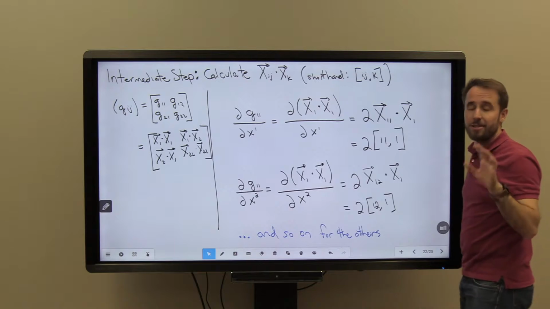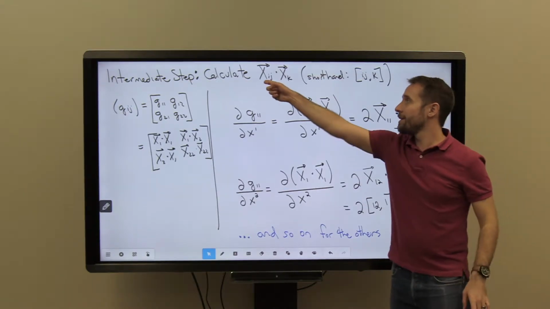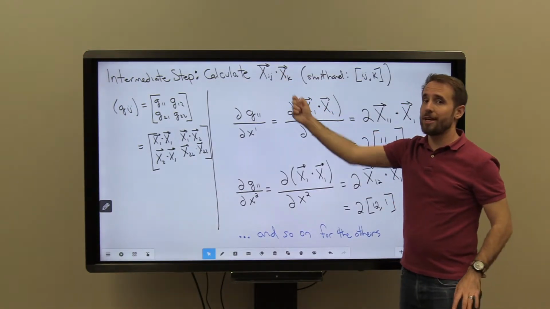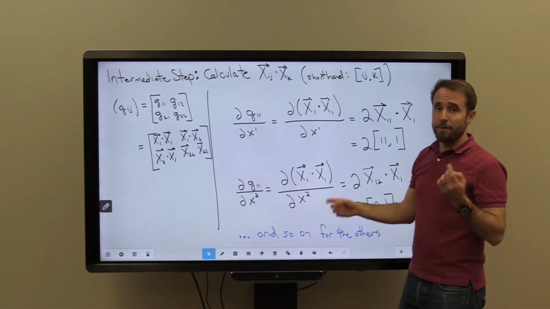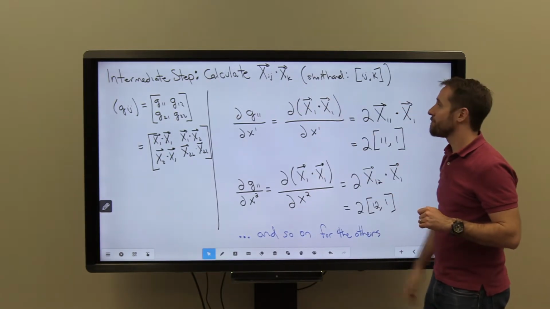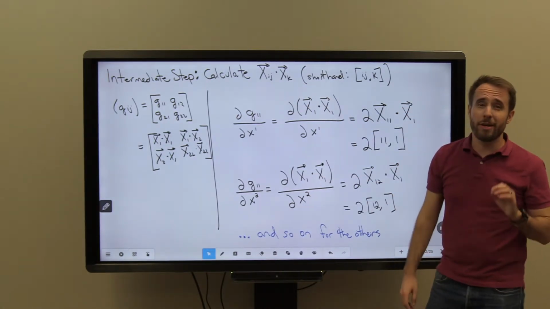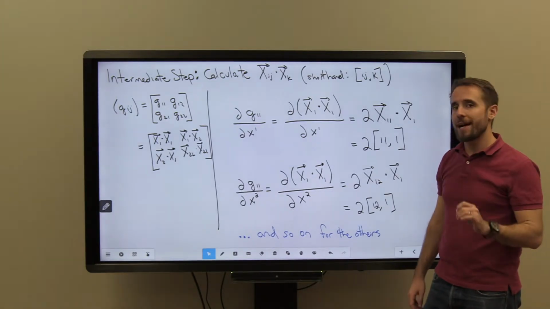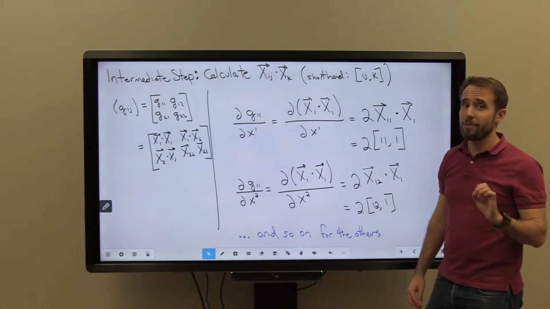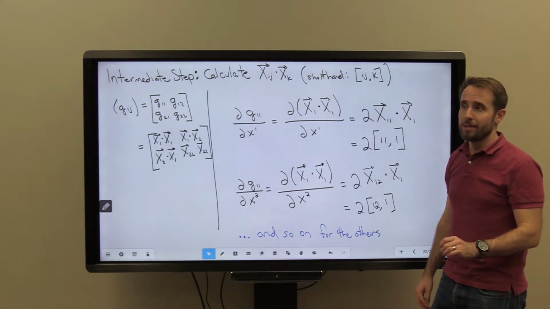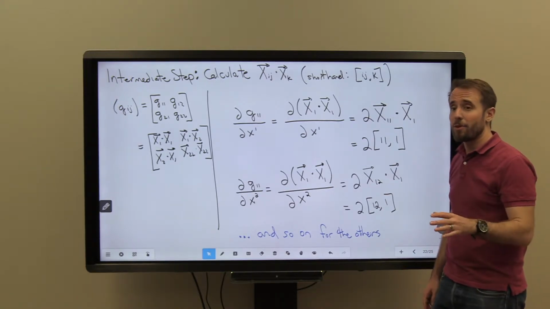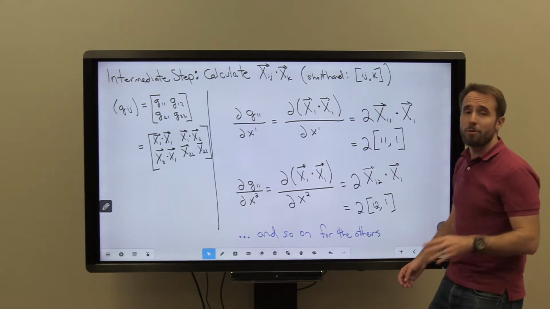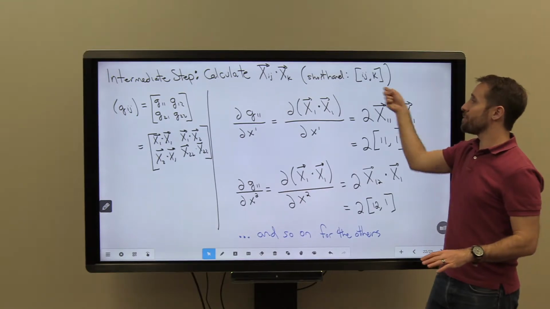So this is just the dot product with my second derivative x sub ij dotted with my first derivative x sub k. And the way that I'm going to do this is I'm going to actually use derivatives of the first fundamental form. So I'm going to set up a system of equations that I can compute, and then I'm going to solve for these expressions here.